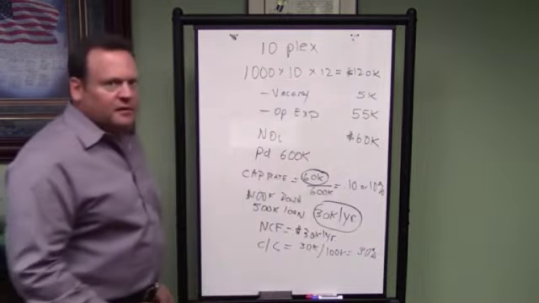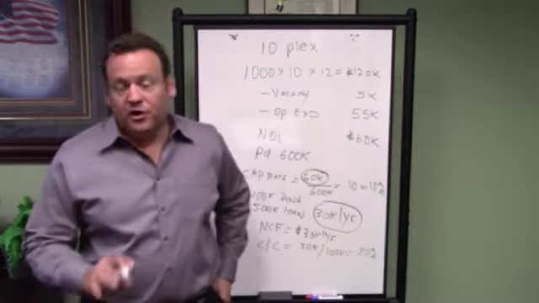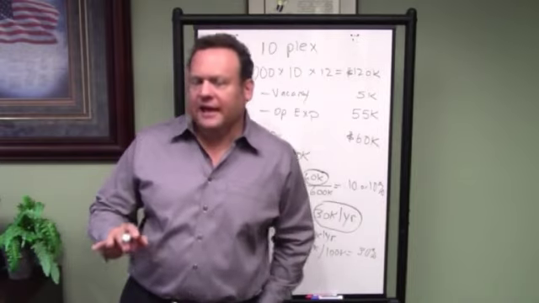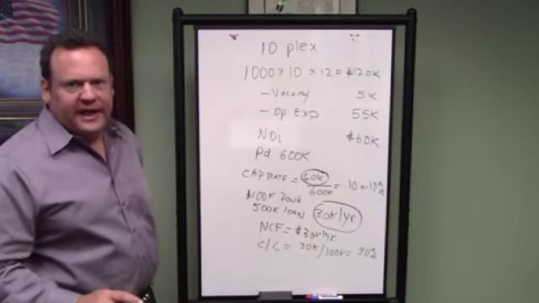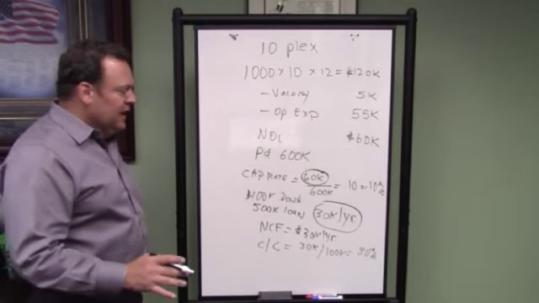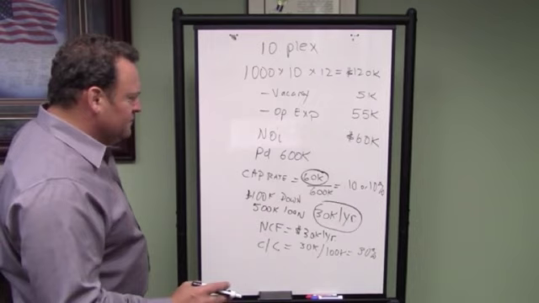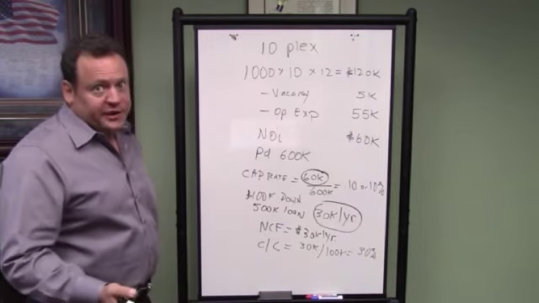Is that good? You darn tootin', that's good. That's excellent. Personally, I think a cash on cash return of 12 to 15% is good. It's a good cap rate. But if you can get 15, 18, 20 pro forma, you're doing really good.